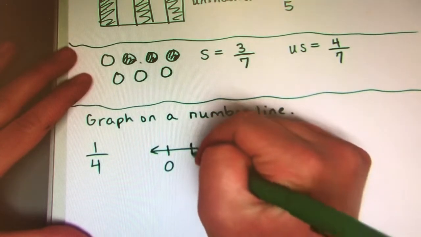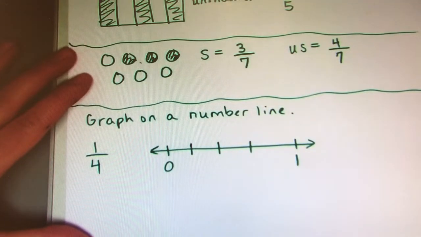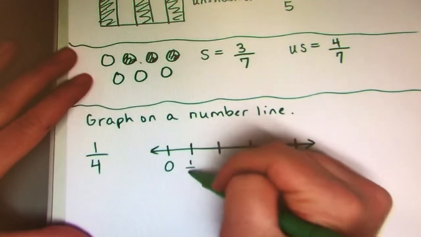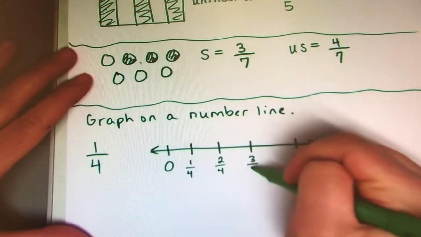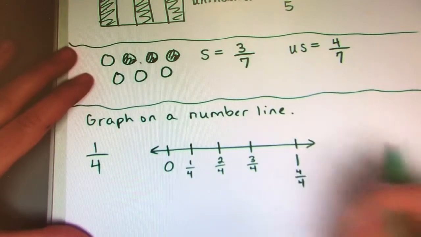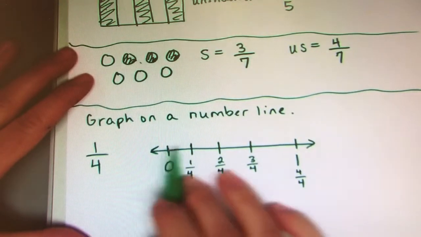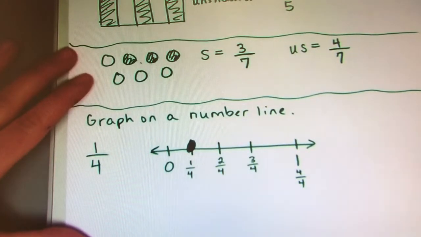So from 0 to this would be 1, 2, 3, 4. Obviously that's not even, sorry about that. But this would be 1/4. 2/4, 3/4, and 1 is 1 whole, but as a fraction we would write that as 4/4. So if I wanted to graph 1/4 on a number line, I skip over and I would put the dot right there.